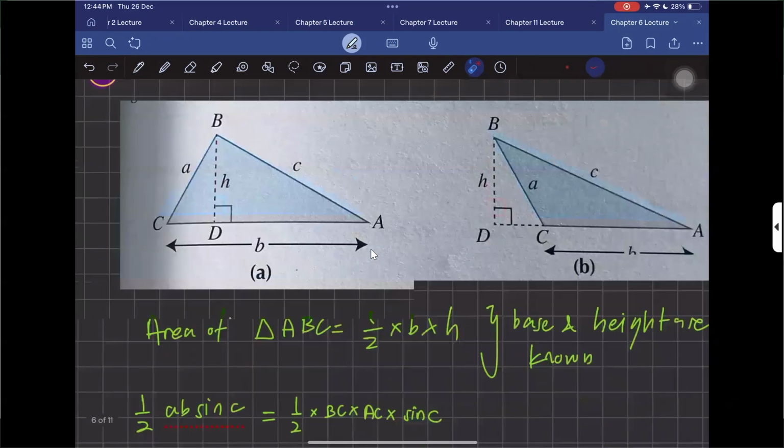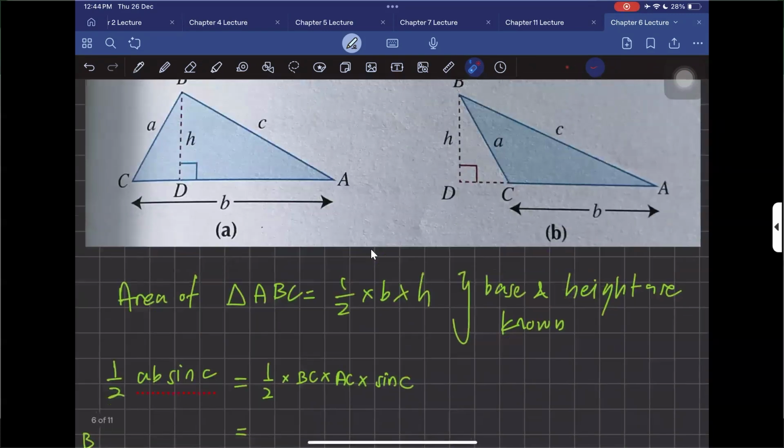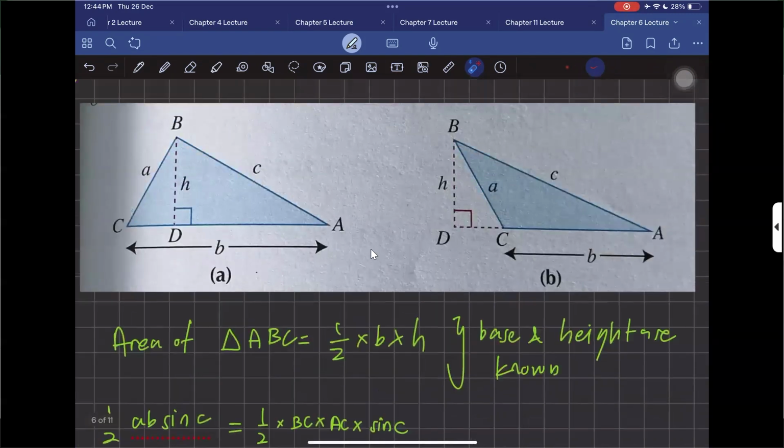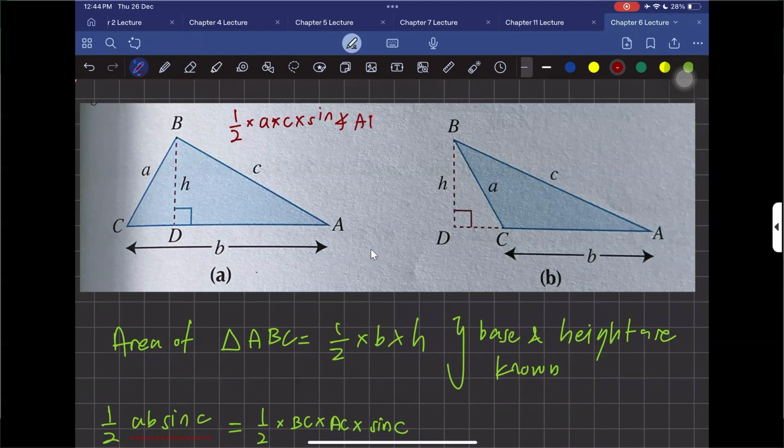So let's say they ask you to find the area of this triangle, and you know this angle and these two sides. Your area is equal to half times A times C times sine angle ABC.